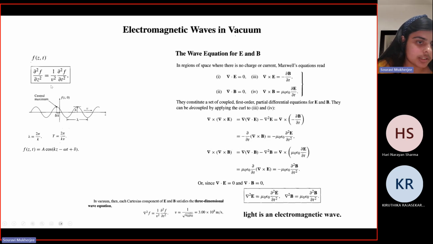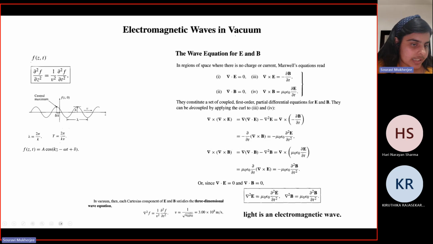If you consider any wave, especially periodic waves, you would see periodicity in position and periodicity in time, which specify the kind of wave that you have. Suppose this is how a sinusoidal wave will look: cos(kz minus omega t plus delta).